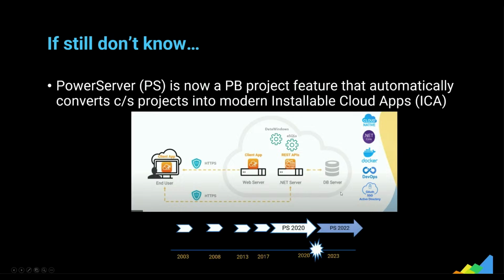This timeline at the bottom of the picture shows the milestones of the old PowerServer in white arrows. From its origin around 2003, then 2008, when the .NET IIS support was introduced in addition to the J2EE application server. In 2013, Appeon Mobile was born, and so you could build native iOS and Android apps.